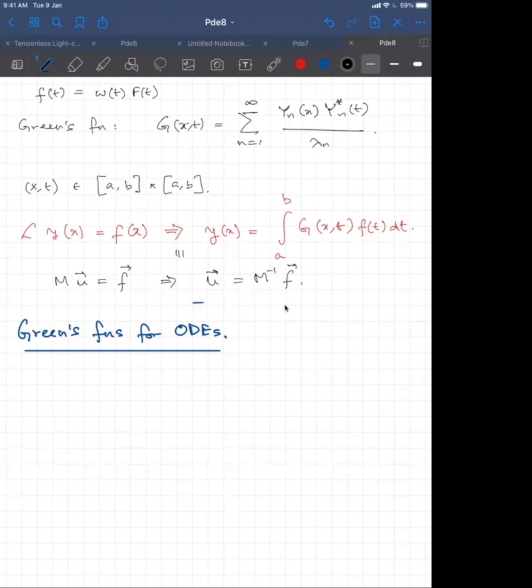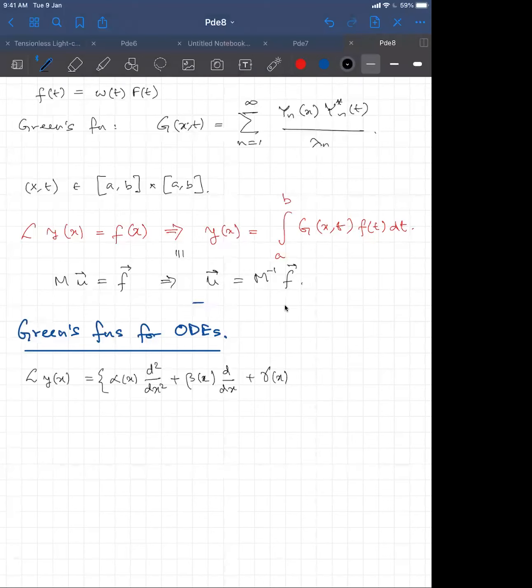Let's call this L acting on y of x, equal to alpha of x d2 dx squared plus beta of x d dx plus gamma of x.